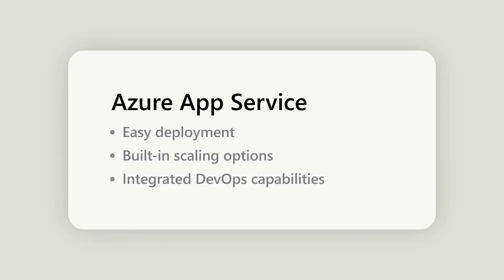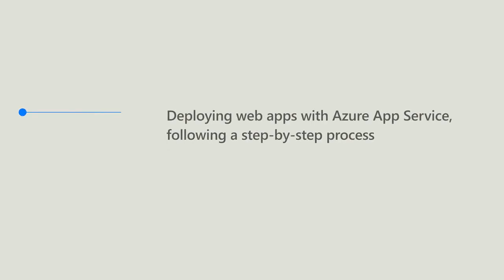You studied various deployment and scaling strategies for web applications, which make it easy to manage web apps. You also practiced deploying web apps with Azure App Service, following a step-by-step process, and read through different scaling strategies, both manual and automatic, that ensure your applications can handle varying loads.